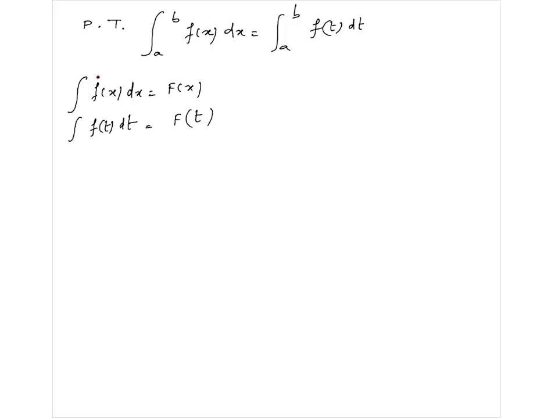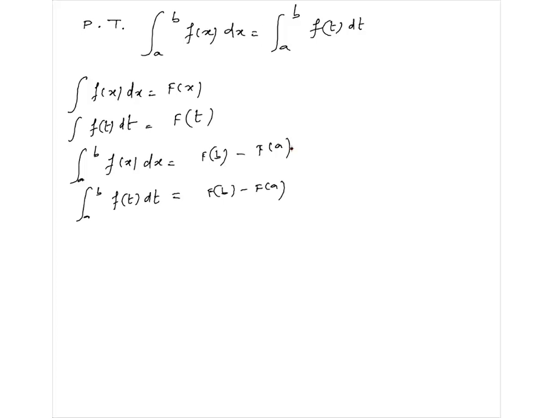Now when you put limits, then in this case it would be fb minus fa. And when you put limits here, then there also it would be fb minus fa. And these two are equal, and so are these two. Hence proved. Let me know if there is any question.